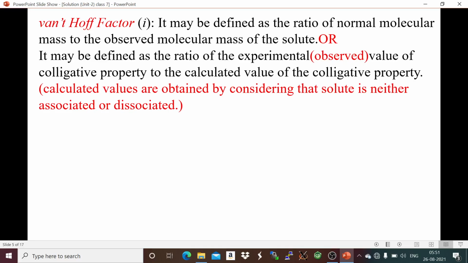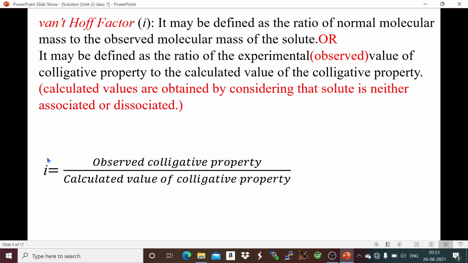Okay, so we can define i as the observed colligative property, such as observed elevation of boiling point or depression of freezing point, divided by the calculated value of the colligative property.